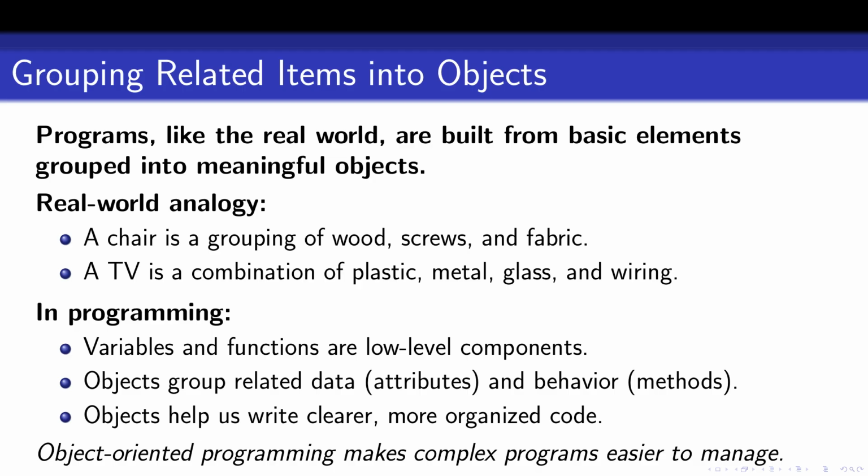In Python, objects contain both data, called attributes, and the operations that work on them, called methods. By bundling related variables and functionality, objects help reduce complexity and improve clarity. They make it easier to reason about programs as they grow larger. This principle of grouping related parts into reusable, self-contained units is what makes object-oriented programming so powerful.